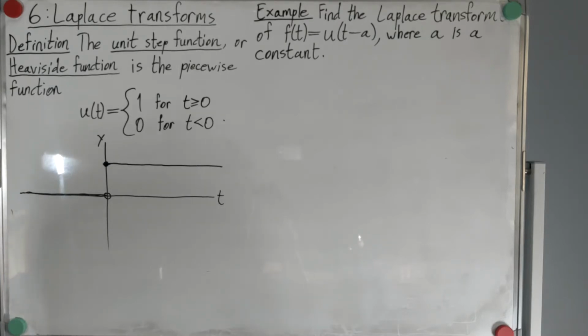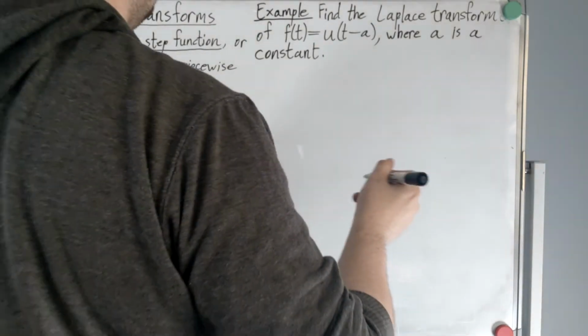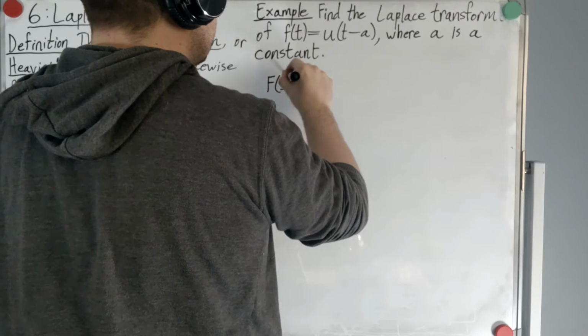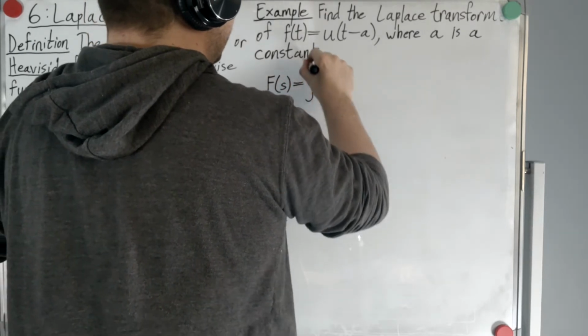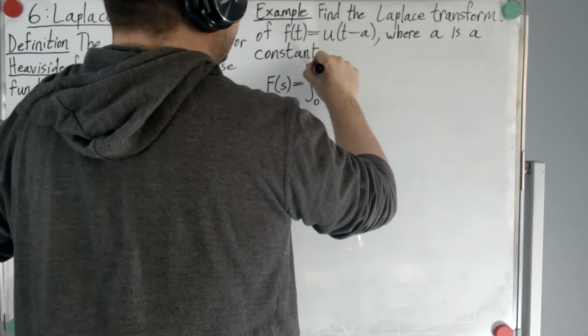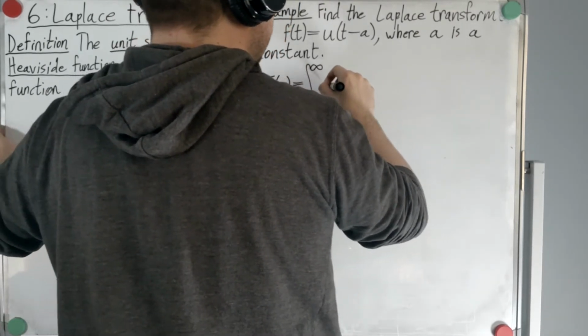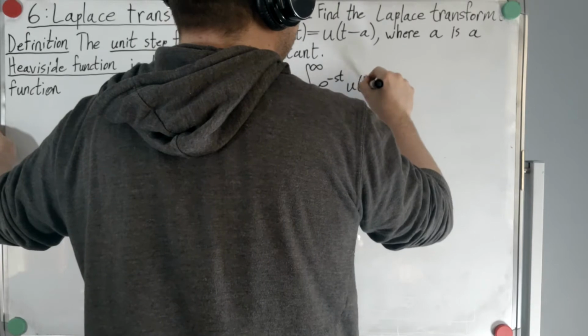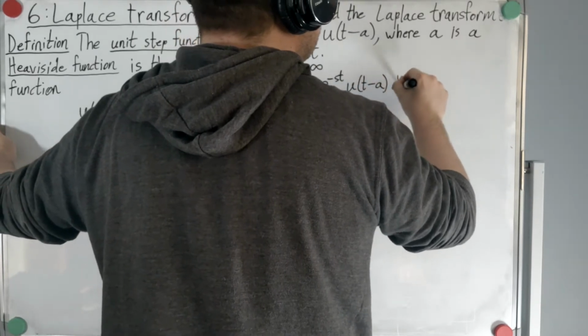So once again, directly from the definition of the Laplace transform, this is going to be the improper integral from 0 to infinity of e to the negative st times u of t minus a dt.